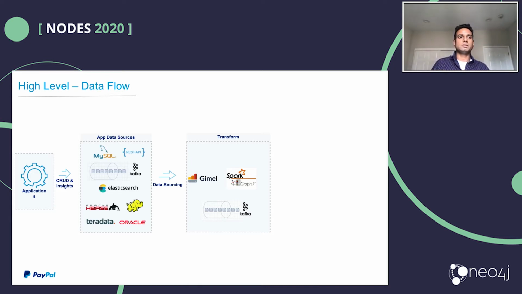We see that as also complementary capability where we have this nice Lambda architecture with Gimel and Spark doing the batch processing and eventual consistency, while Kafka streams plus Neo4j giving us this capability to have a near real-time graph building. To summarize, distributed processing via Spark, access simplification via Gimel, and near real-time graph building via Kafka.